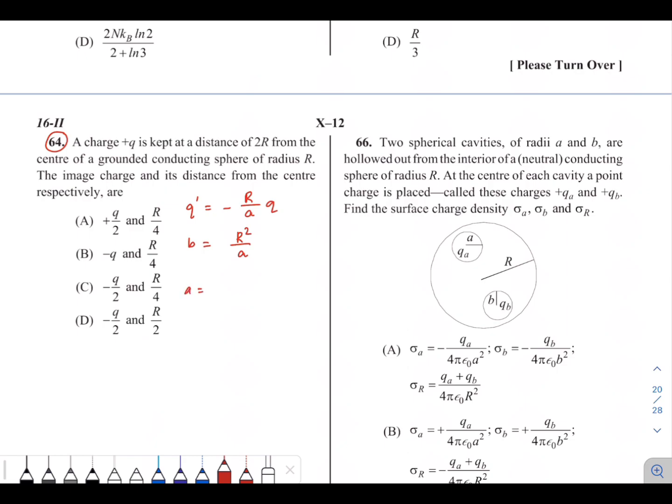Here a is the position of the charge. In this case it is 2r. Let us find q prime. This is equal to minus r by 2r times q, that is minus q by 2, and b is equal to r squared divided by 2r, that is r divided by 2. So we find that option D is the correct answer.